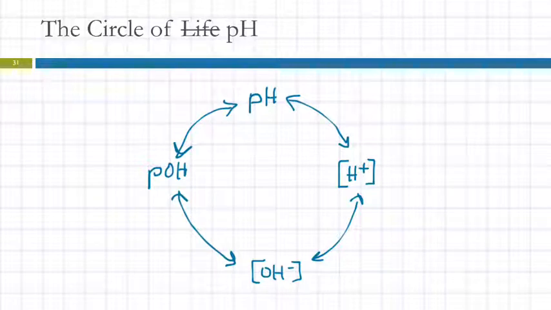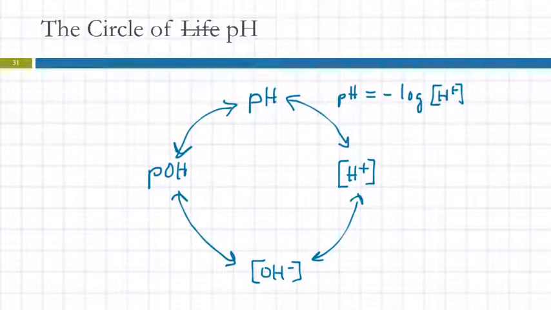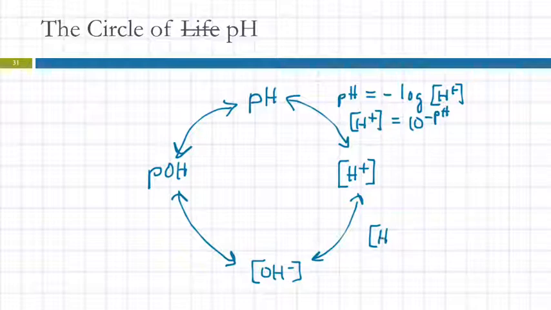Now, is it theoretically possible? Of course. Is it worth learning how to do? No, because you can just go in two steps that are easy. So the relationships here between pH and hydronium or hydrogen ion concentration, we've got the definition of pH, that's for going one way, and then the hydrogen ion concentration is going to equal 10 to the minus pH, that's for going the other way. Then we've got Kw for water.